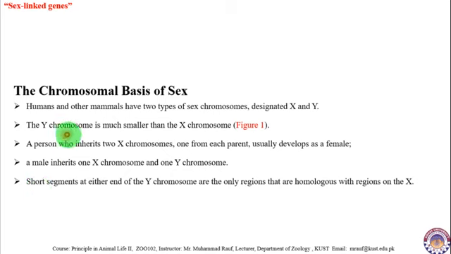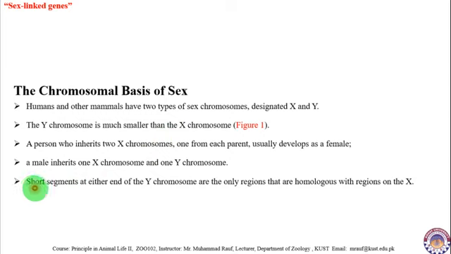We already studied that the human male has one X and one Y chromosome, and the Y chromosome is much smaller than the X chromosome. So what will be the behavior of this pair, which is non-homologous, during meiosis, whether they will show synapsis and crossing over with each other or not.